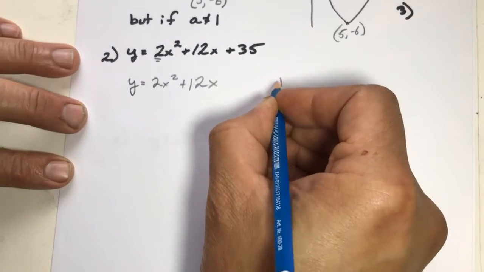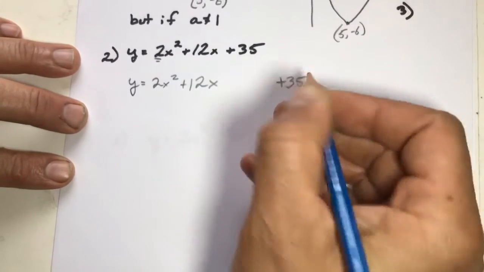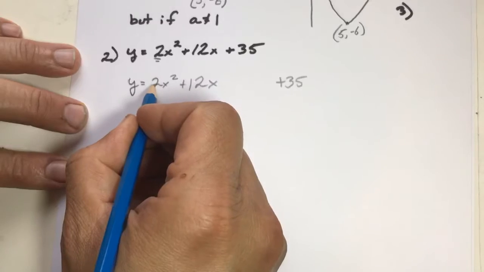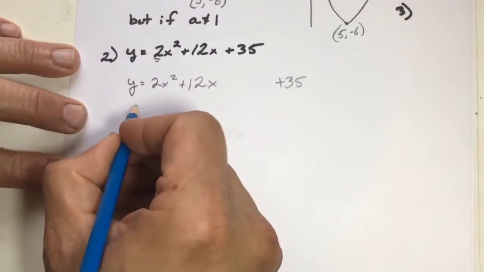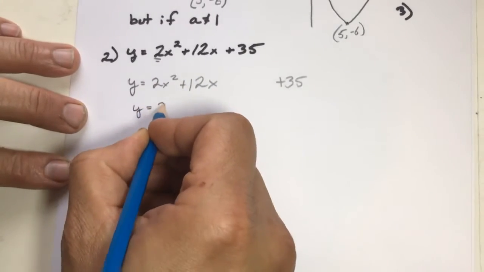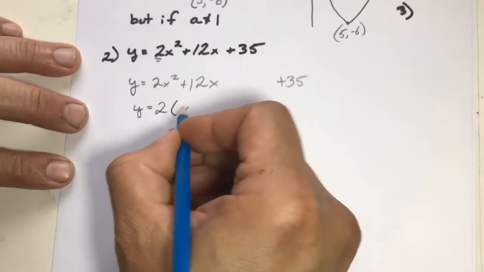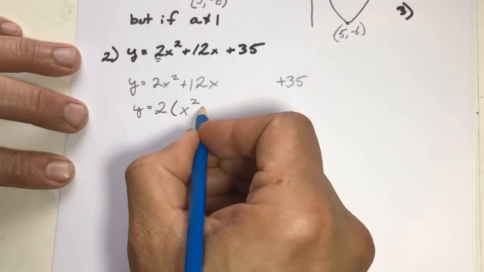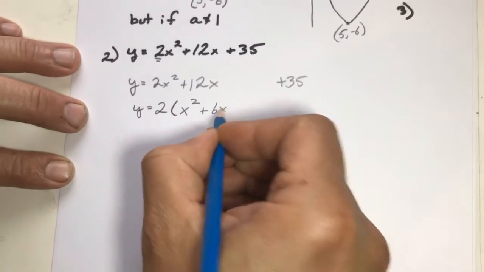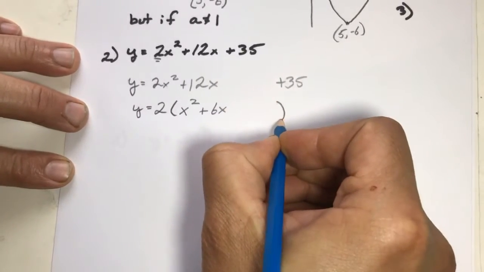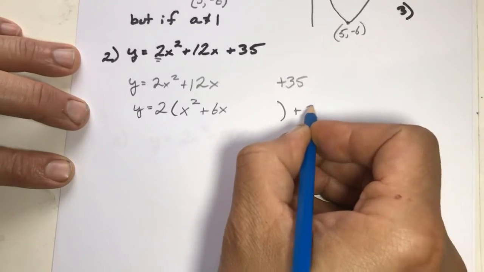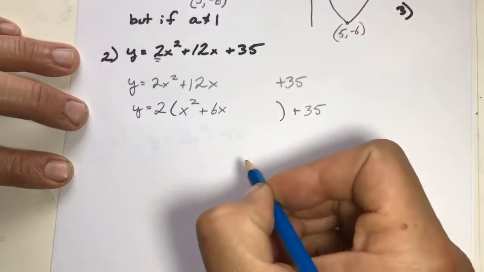This plus 35 is out of the way. And I'm going to factor this 2 out of both of these. That means I'll have a 2, and then I'll just be left with x squared, so this is like reverse distributive property, plus 6x. I'm going to keep that space, and plus 35 is still out there.